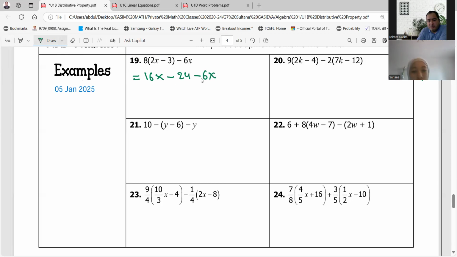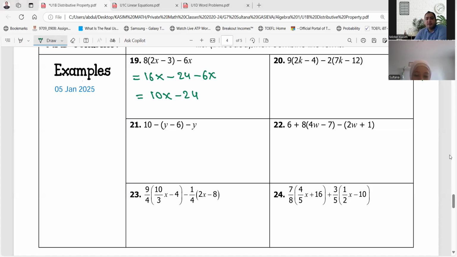This is the first step. Now I open parentheses. Next step, combine like terms. 16x minus 6x is 10x, and minus 24. Do we have any like terms? No. Do we have any parentheses? No. That means this expression is in the simplest form. Okay, 20. Do it like this, okay?